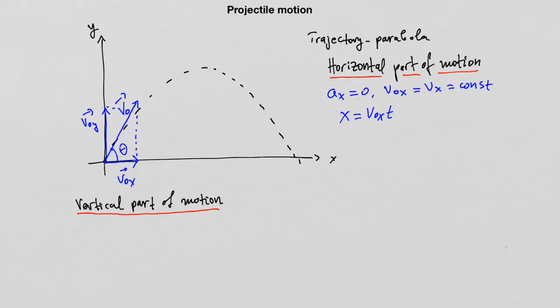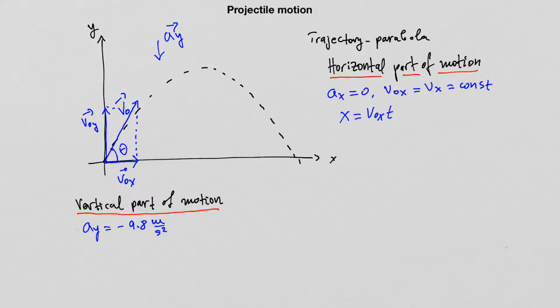And so therefore it's subject to the gravitational acceleration due to gravity. So that means that vertically the acceleration a_y is equal to minus 9.8 meters per second squared. And so a_y always points down towards ground during the projectile motion, always.